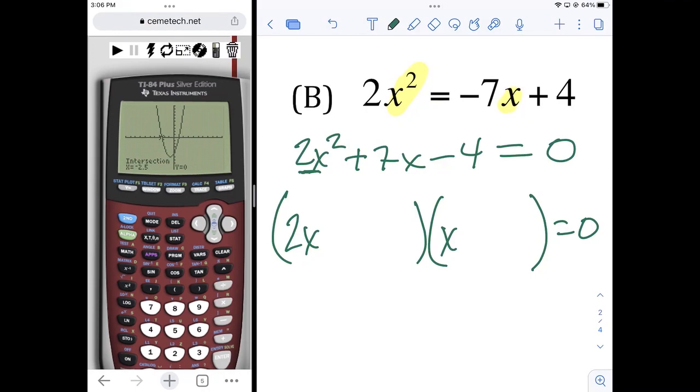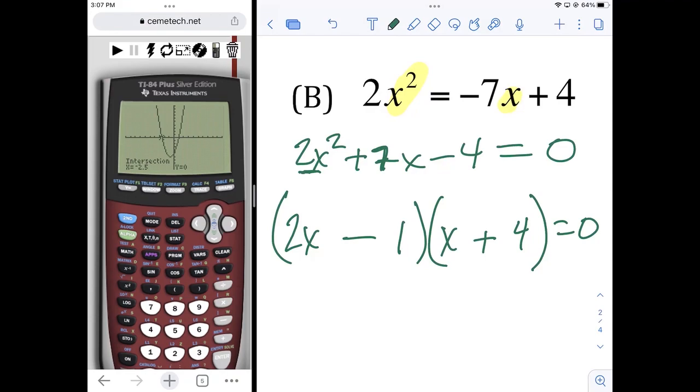Well, the 2-2 combo, if you try it out, is going to give you a 4 and a 2, which gives you a 6 and a 2, which is not what we want. So it's got to be a 4-1 combo. And to get enough magnitude to get up to a 7, I'm going to put the 4 in the back so that it multiplies with the 2 to give me the 8. Now I'm too big, so I need to subtract the 1 that goes there. And the 4 is the positive term because the 8 is the positive up above. And this has to be negative. And we just factored it by guessing and checking and using context clues.